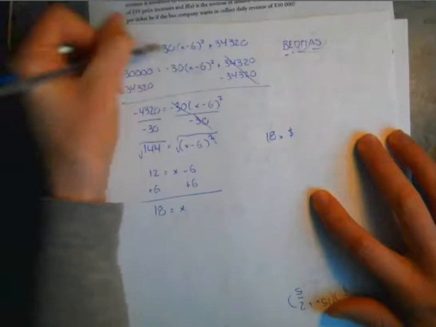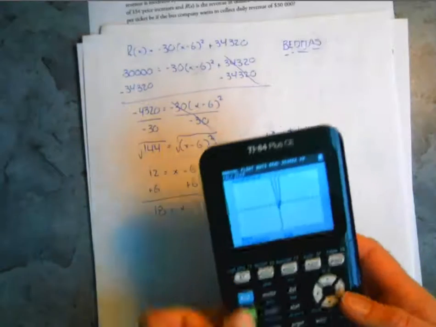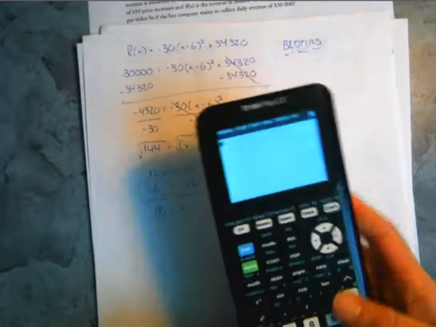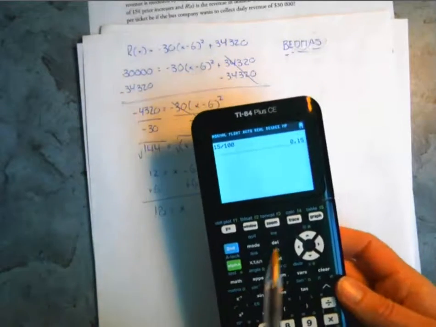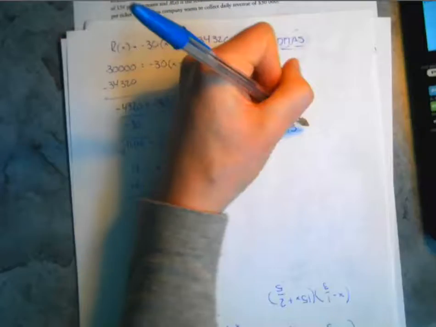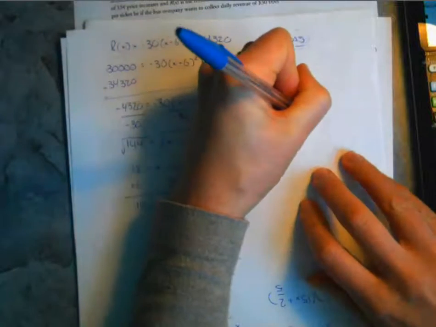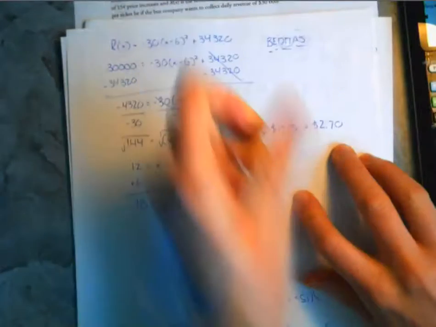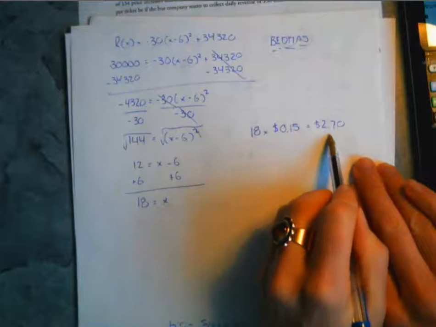So if I change 15 cents into dollars, it's $0.15. Remember, because there's 100 cents in $1, you would just go 15 divided by 100 if you weren't totally confident in that math. And then that'll give you your dollar value. So 18 times 0.15 gives us 2.7, which basically means $2.70.